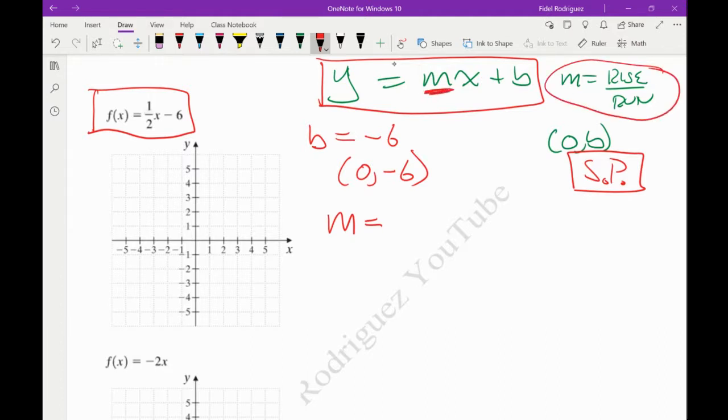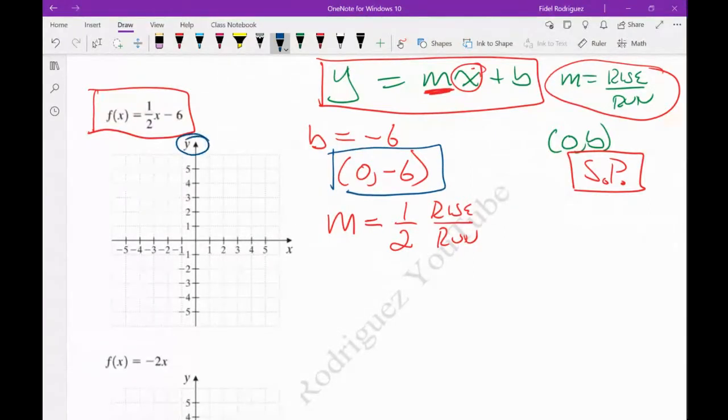Remember, the m is the number in front of the x. What's the number in front of my x here? 1/2, perfect. Good, that's the rise over the run.